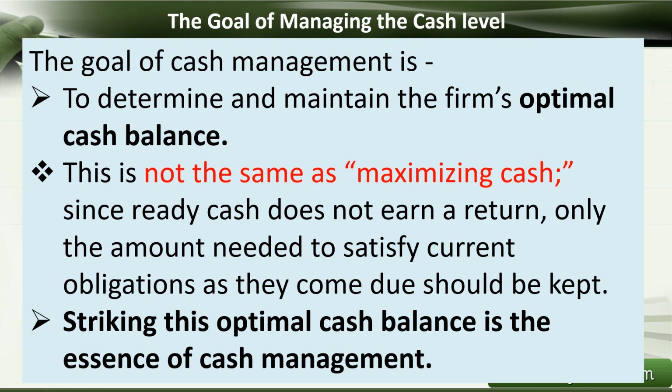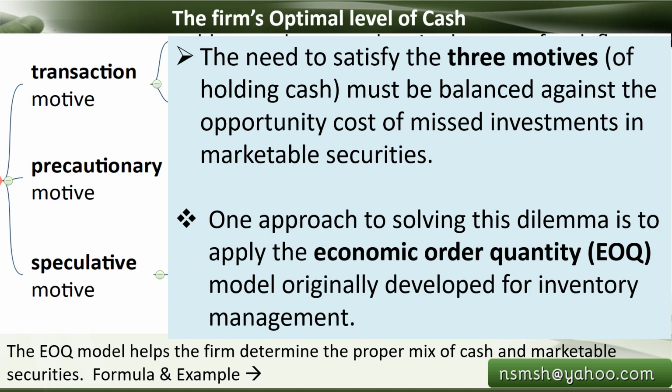How we calculate the optimal cash balance is the most important part of strategic decision making, especially under working capital management. So there are ways, and for that, as we discussed, the motives of holding cash and the optimal level of cash are considered.